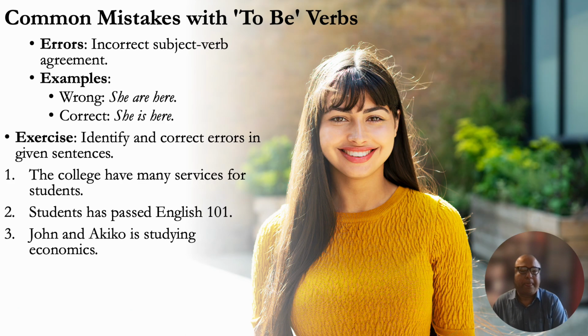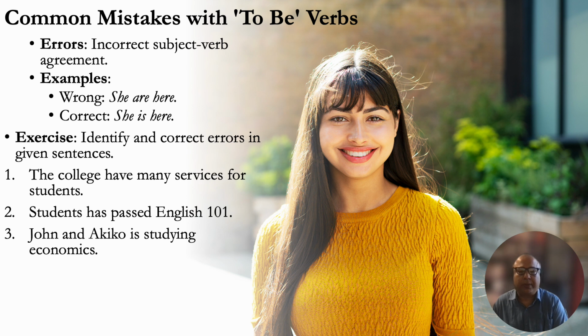All right. What are some of the common mistakes? And if you do make these mistakes sometimes, maybe when you write or maybe when you speak in English, be mindful of these errors. So she are here. Can you tell what the error is? How many people is she?